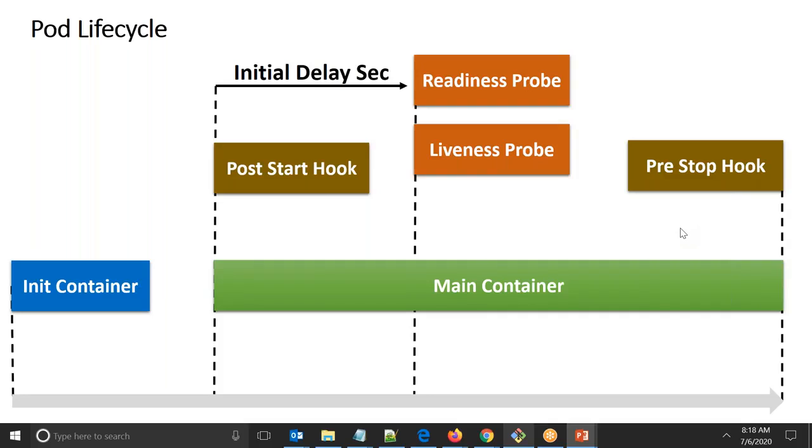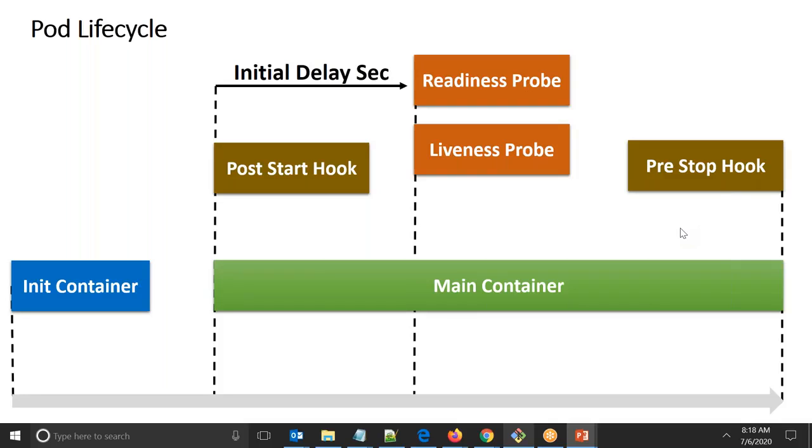Pre-stop hook means, assume before my container is going to get stopped, I want to send some notification. Then how do you do it? That's where you can define these kinds of things as a hook.